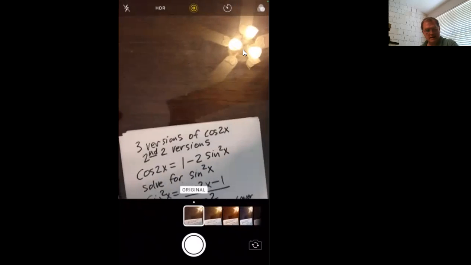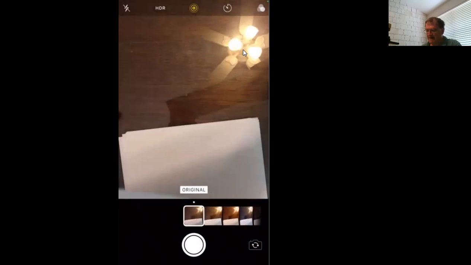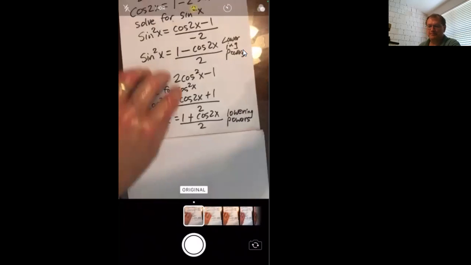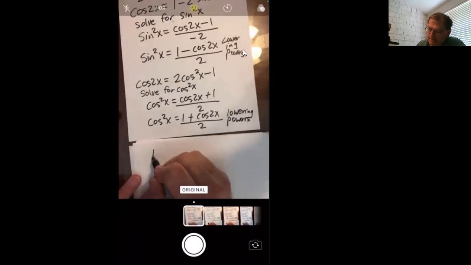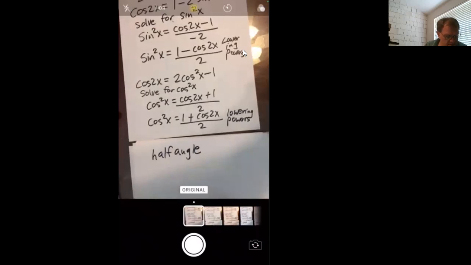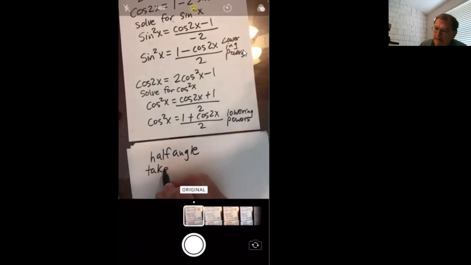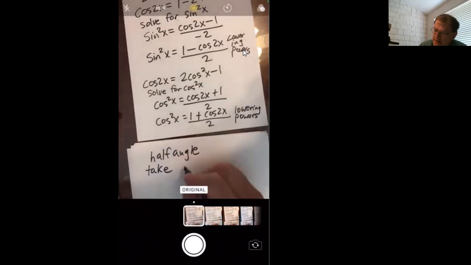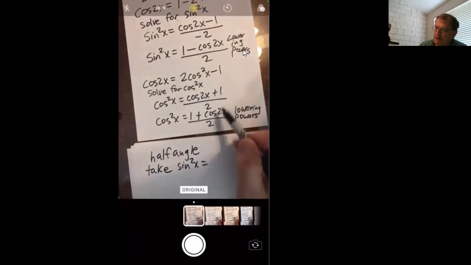Now, to get to what they call the half angle formulas, take this formula, your sine squared. Notice how similar they are. They both work out for cosine of 2x.